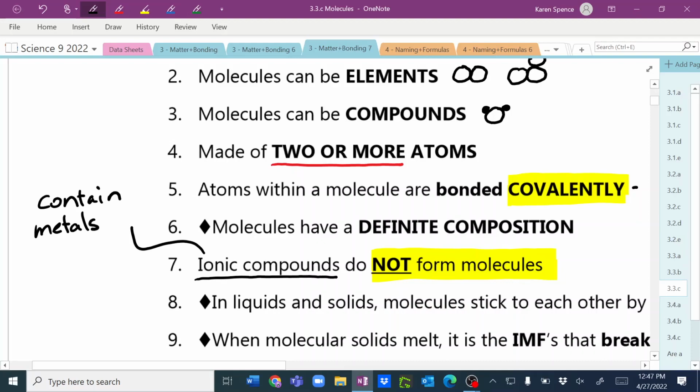Do they share their electrons or do they transfer them? They transfer the electrons. So they're not molecules.